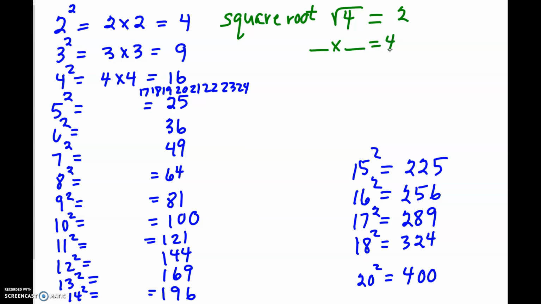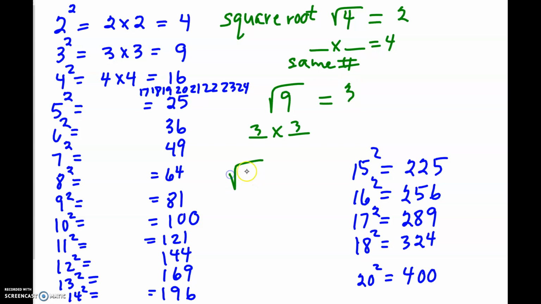And it has to be the same number in order to do this. So when we take the square root of 9, what times what gives you 9? It has to be the same number every time. So 3 times 3 gives you 9, so the square root of 9 is 3.